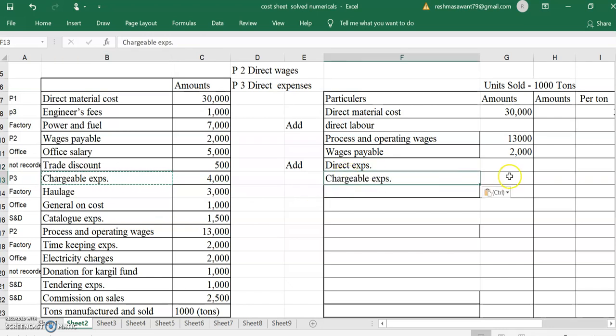Chargeable expenses amounted to rupees 4,000. Next direct expense is the engineer's fee, which we post as P3, engineer's fee rupees 1,000.